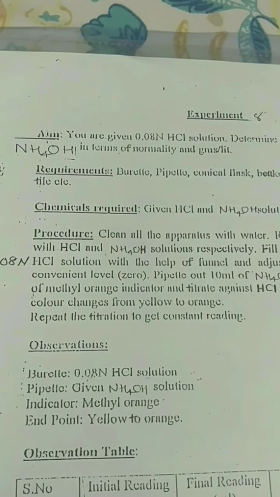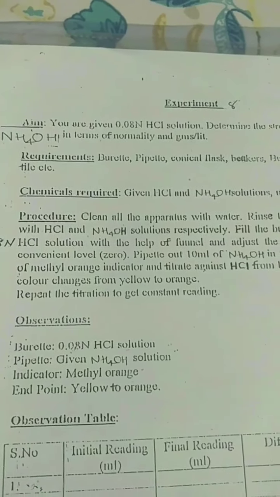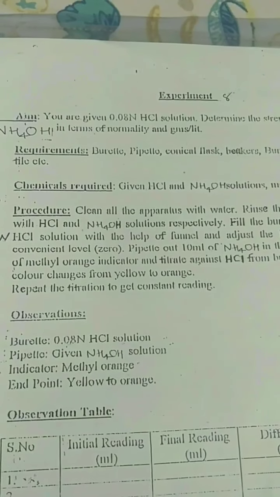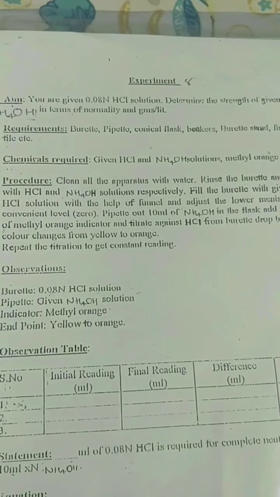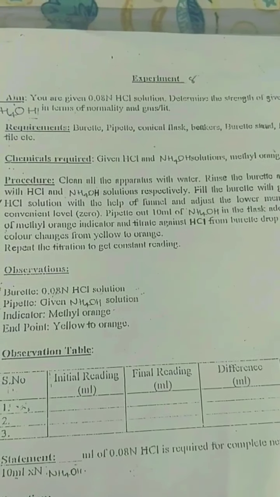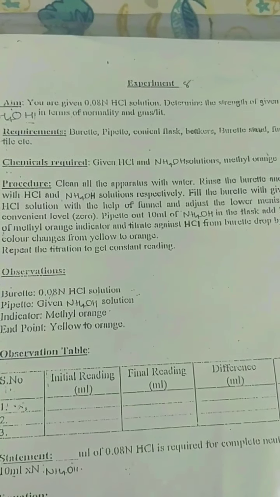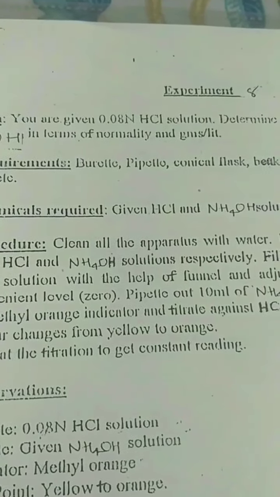So with the help of volumetric analysis, that is titration, using HCl of known normality, we will find the normality of NH4OH, that is ammonium hydroxide solution, and also we have to find its strength in grams per liter.